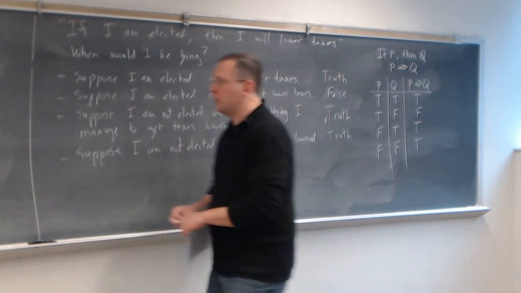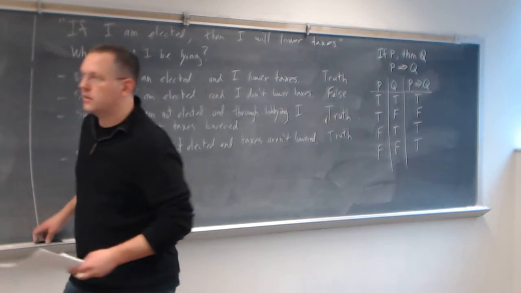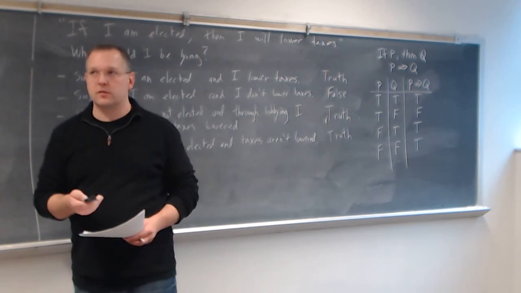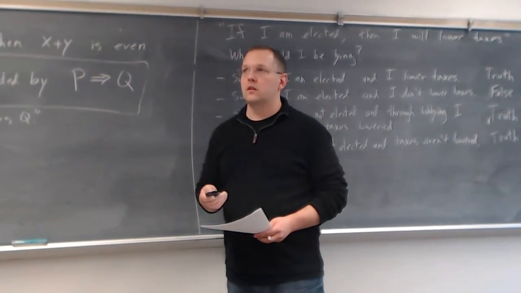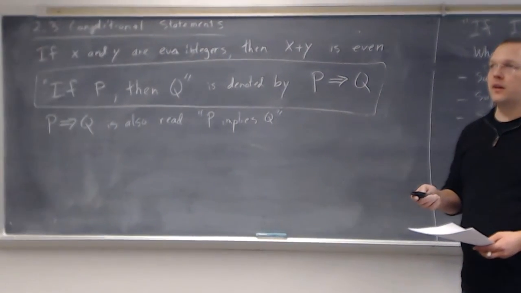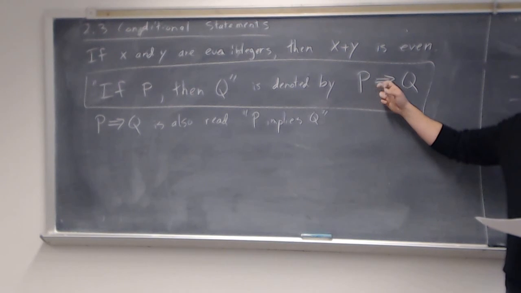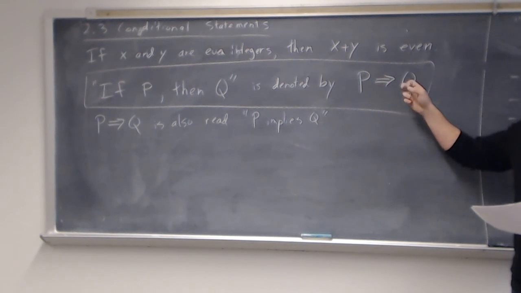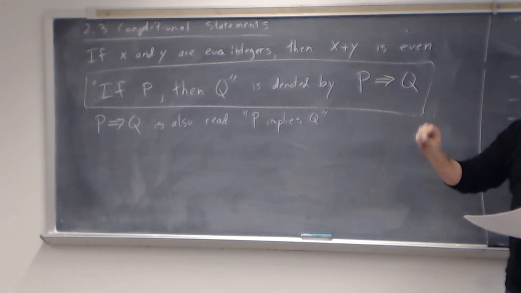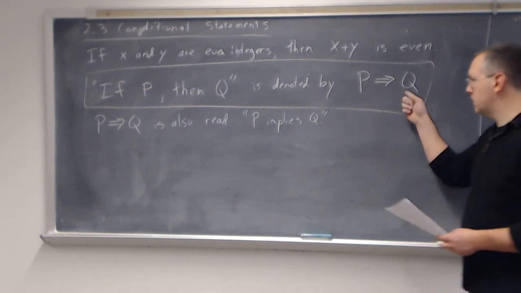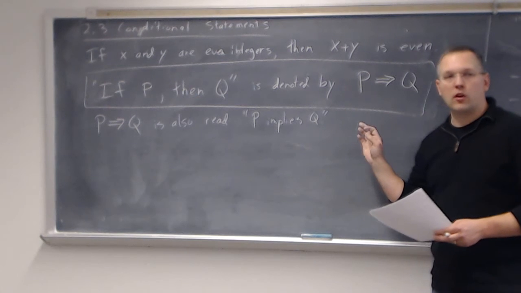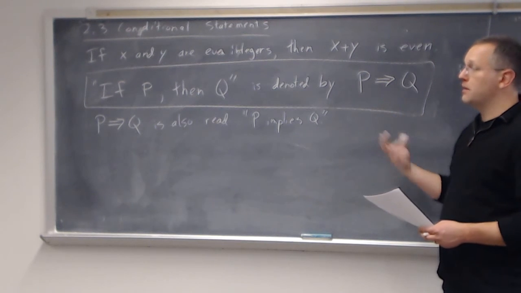There are some alternate wordings. If P then Q is by far the most common conditional statement, but you use this when you're writing proofs. You use this symbol a lot, P implies Q. You have a sentence and you say that implies the next sentence, and you can write a paragraph-long proof, and you use this symbol a lot.